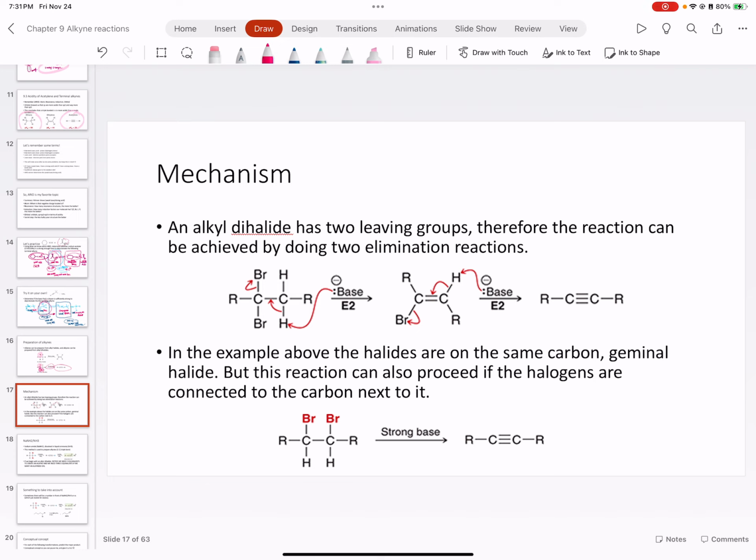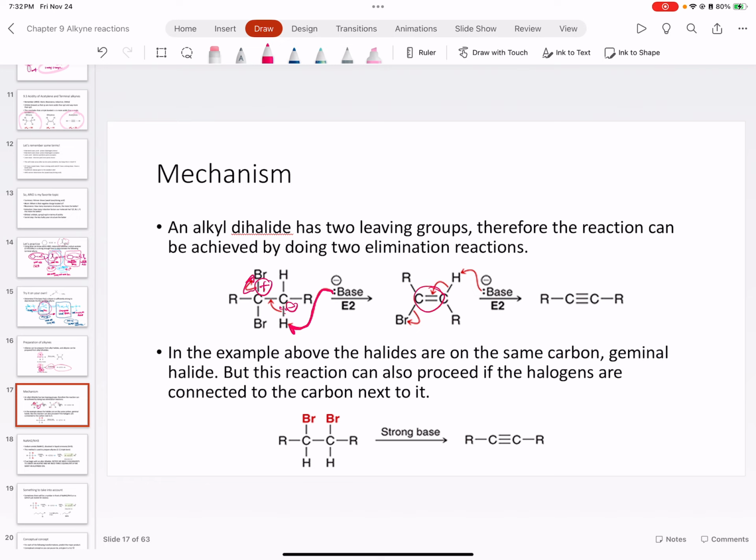So the mechanism. An alkyl halide has two leaving groups, therefore the reaction can be achieved by doing two elimination reactions. So how does it work? Remember, bases take hydrogens, which creates a negative charge, and we have one leaving group, which goes positive, then we create a double bond.